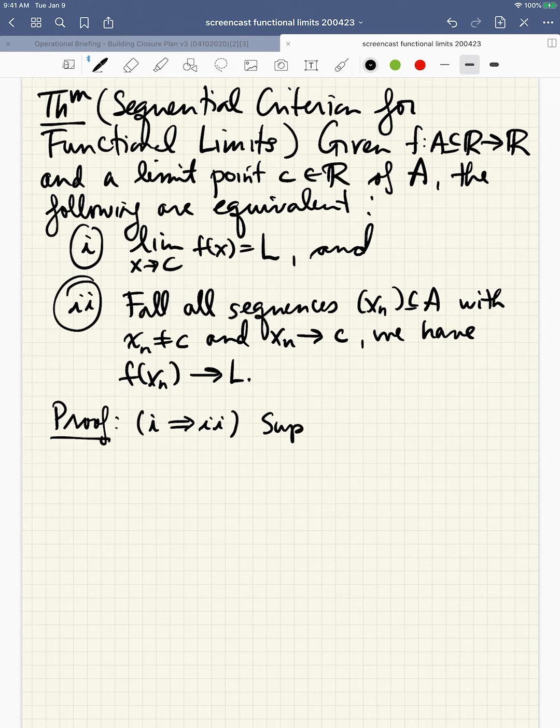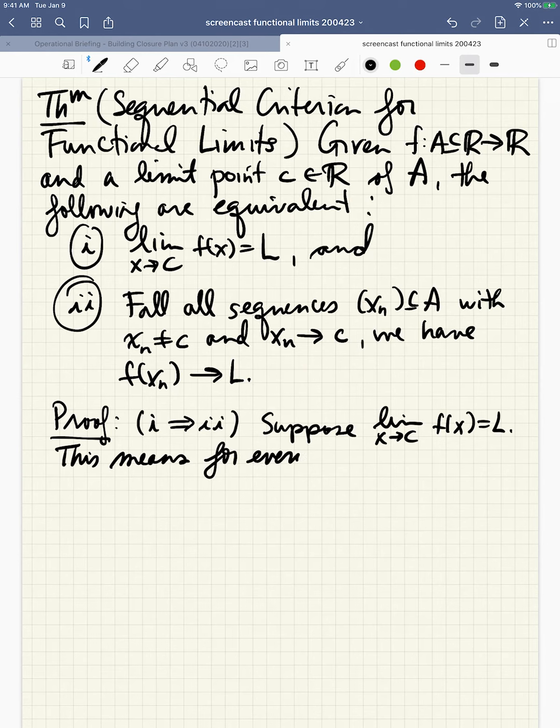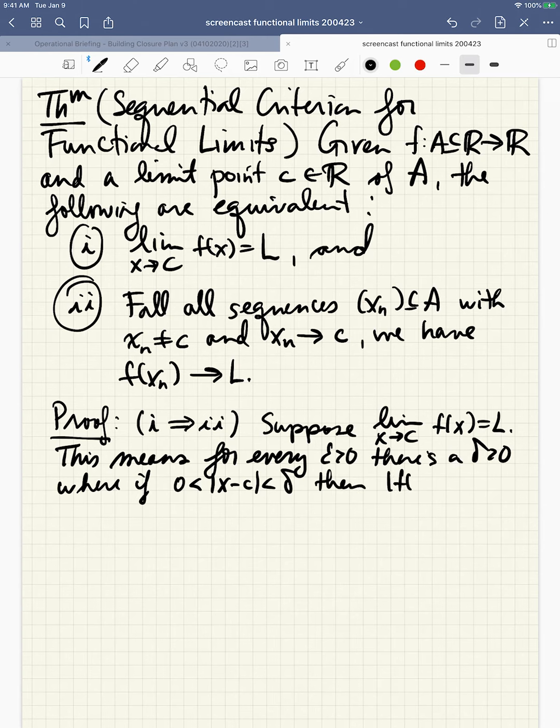So suppose the limit as x goes to c of f of x equals L. This means for every epsilon greater than 0, there's a delta greater than 0, where if 0 is less than absolute value of x minus c is less than delta, then absolute value of f of x minus L is less than epsilon.